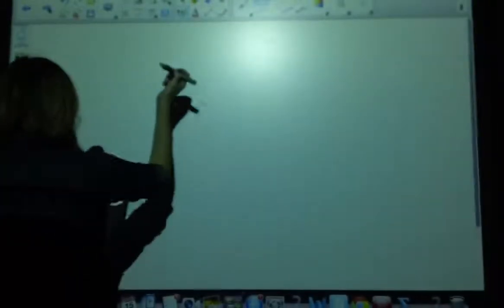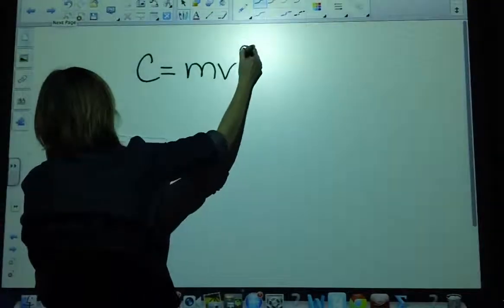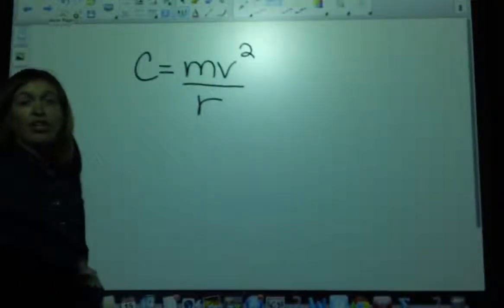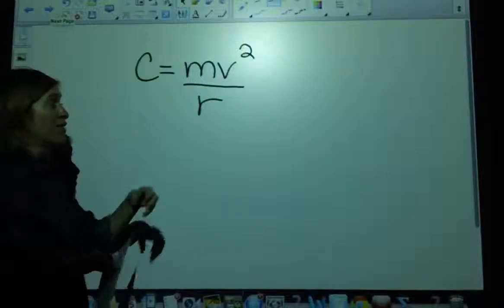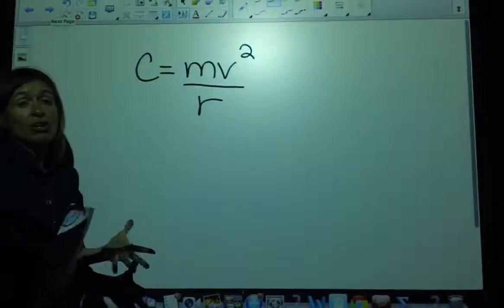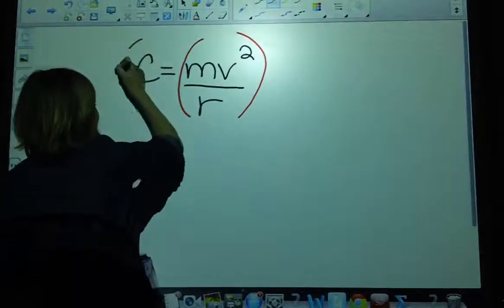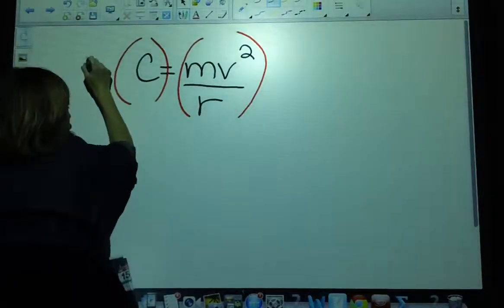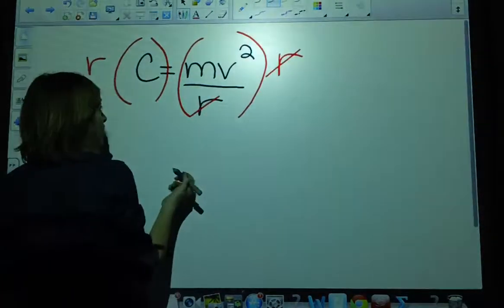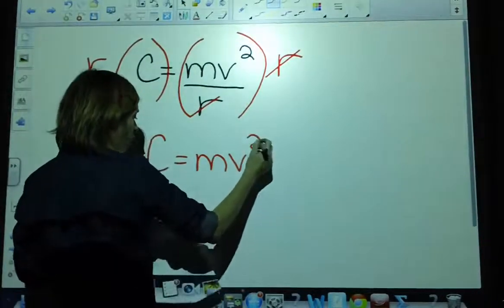Okay, so we're taking the equation C equals mv squared over r, and it says solve for r. So the easiest way to solve for r if it's in the denominator is to get it out of the denominator. We can do that by clearing fractions. So I'm going to multiply both sides by the LCD, which is r. And so now the r's here are going to cancel, and I'm going to get rC equals mv squared.